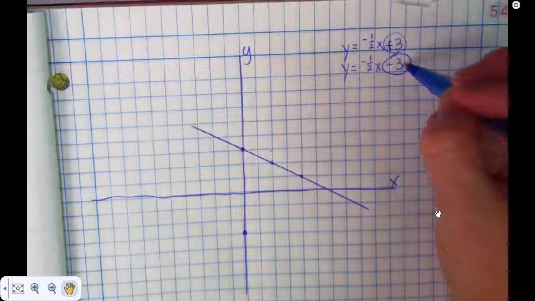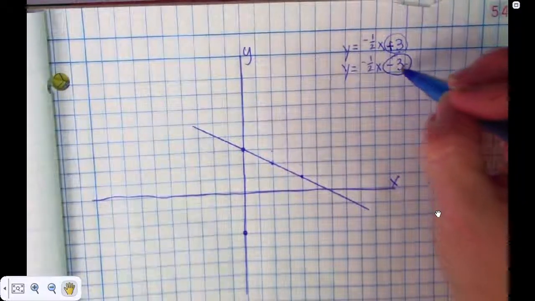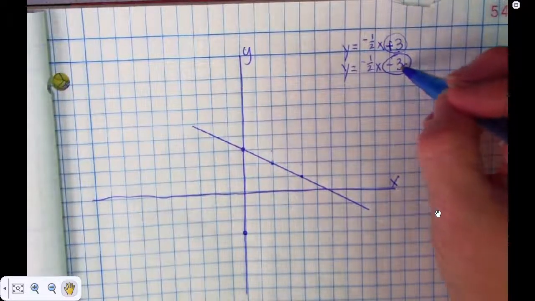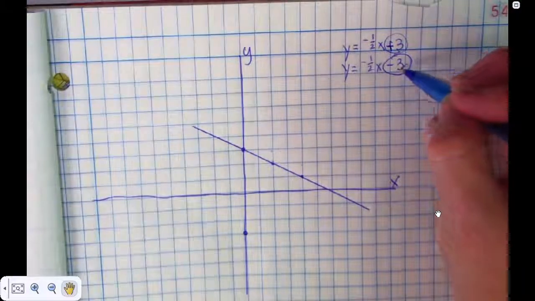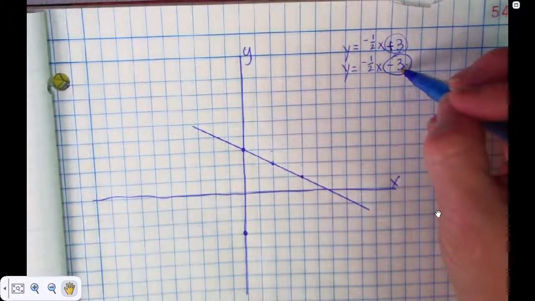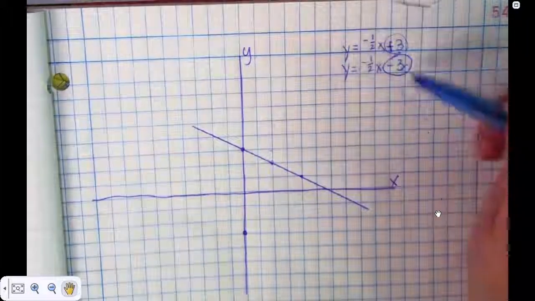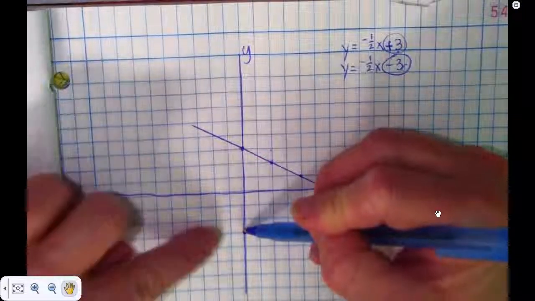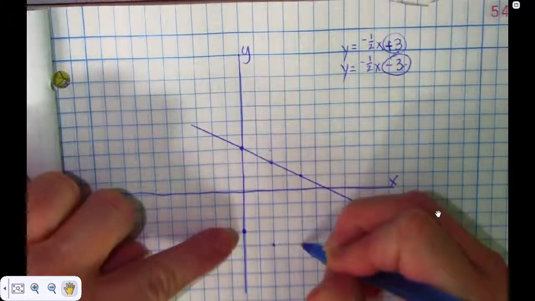That's where you start your journey. That's one of the points. (0, -3) is one of the points that works in that equation. So I'm going to run 2, down 1, run 2, down 1.